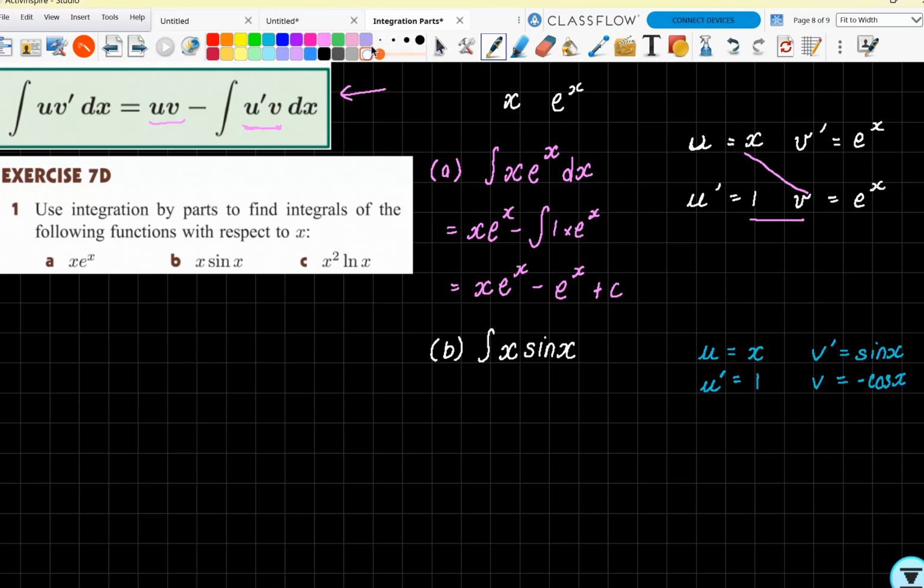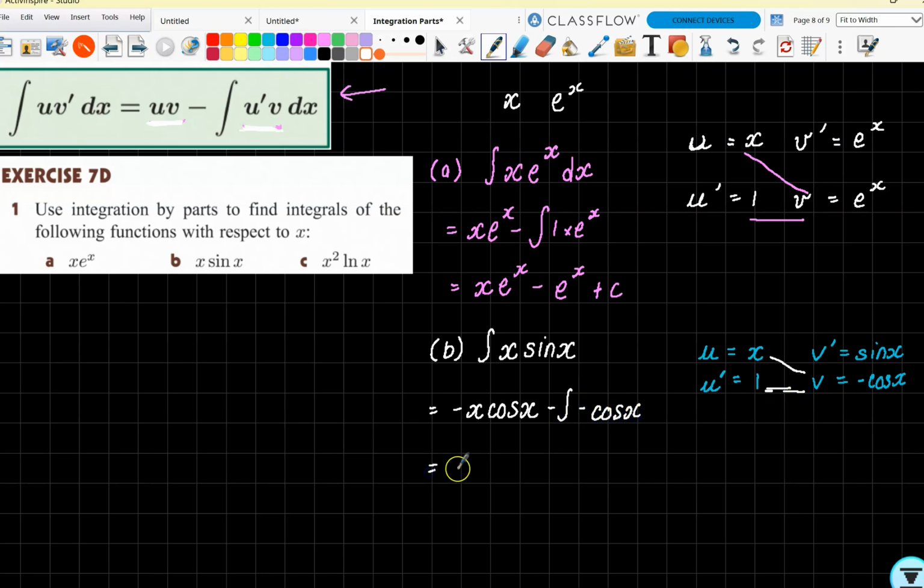Okay, so once again, when I am applying this rule, u times v, so that's going to be those ones crossed together, so that will be minus x times cos x. Subtract u dashed times v, so that's going to be the integral of 1 times negative cos x.